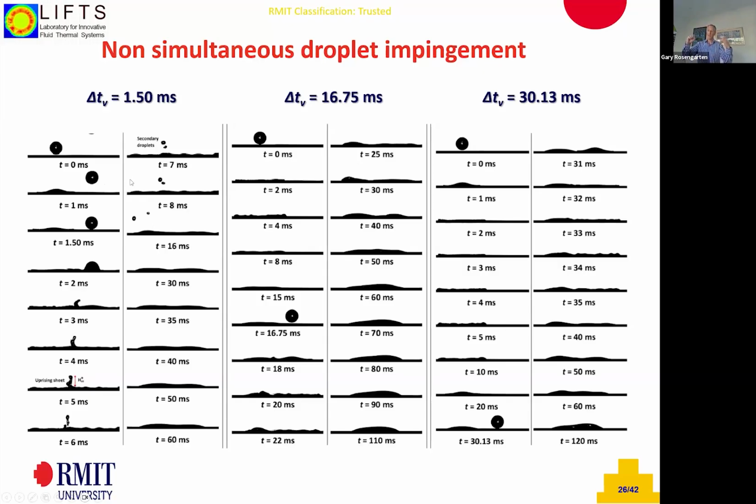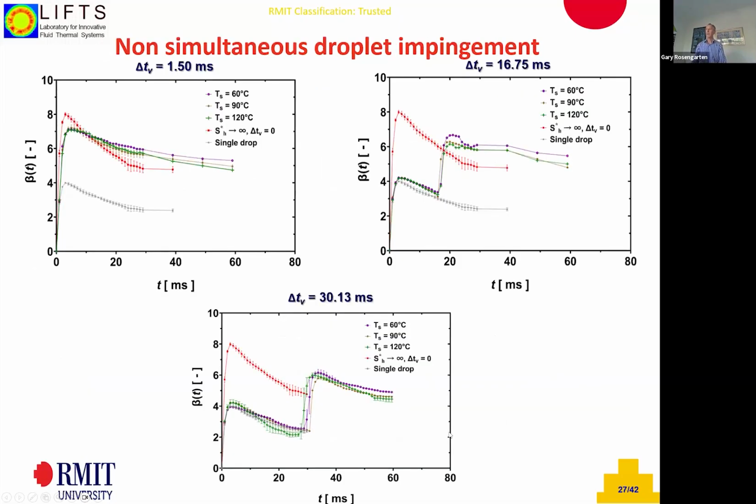That's when it's almost simultaneous, up to 1.5 milliseconds. If the first one's recoiling when the second one impacts, you get a little bit of this instability, but you don't get this uprising sheet, and there's not much difference when it's sessile, when it's almost stopped, and you have that secondary droplet impacting and spreading onto it.